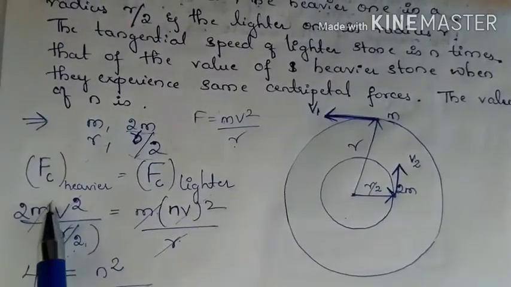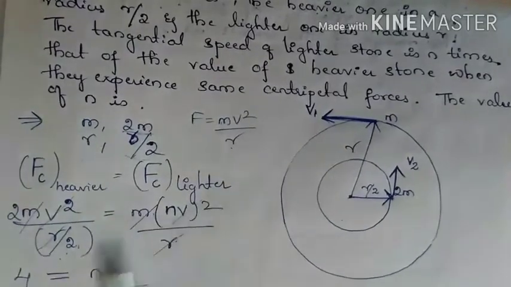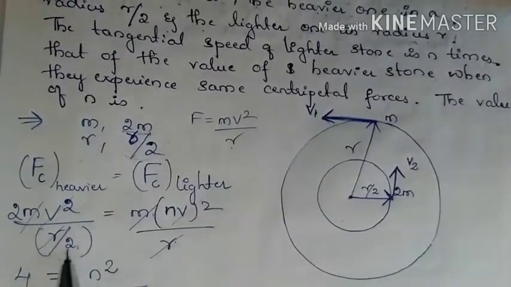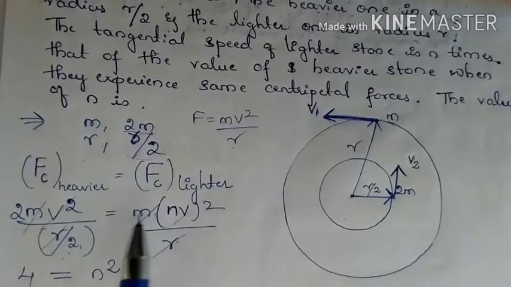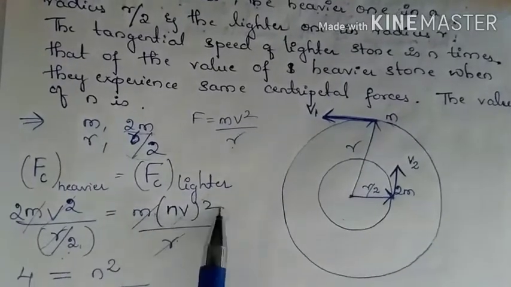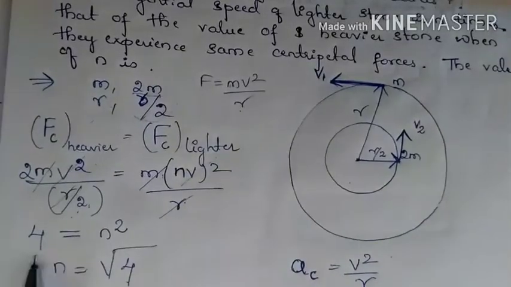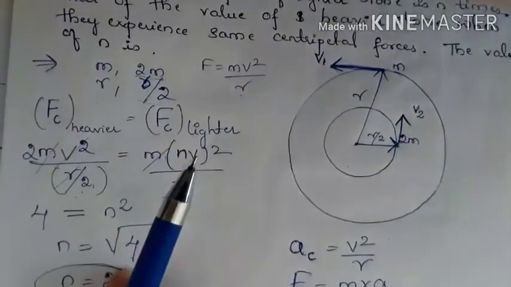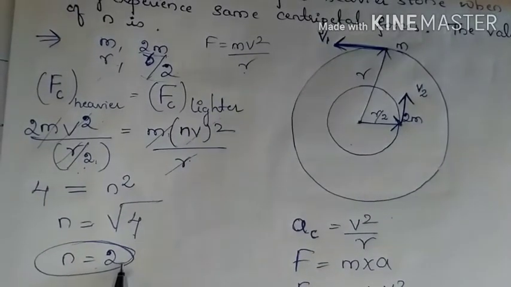Now you can cancel m, v square and r. What is left: the 2 goes upside, so that becomes 4. Next, n is squared, so 4 is equal to n square. If you take the root of 4, you get n equals 2.